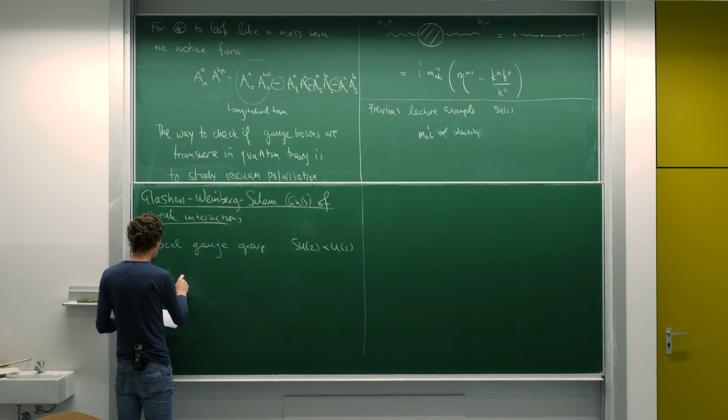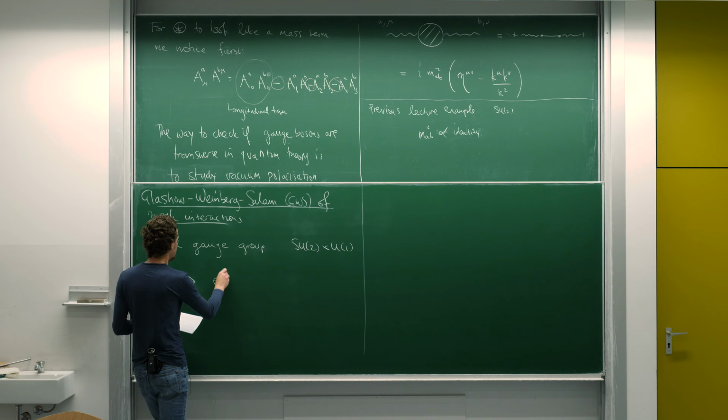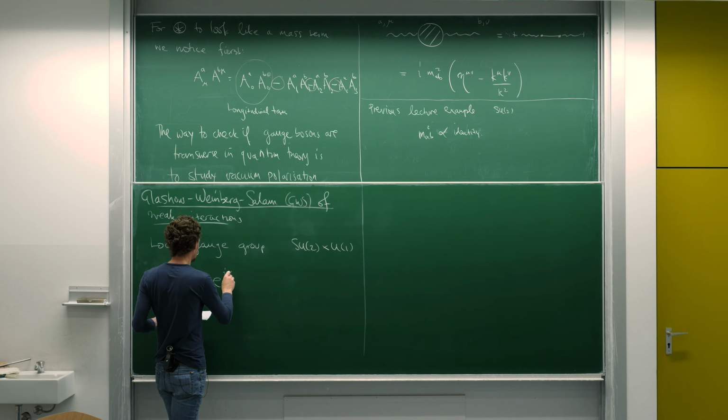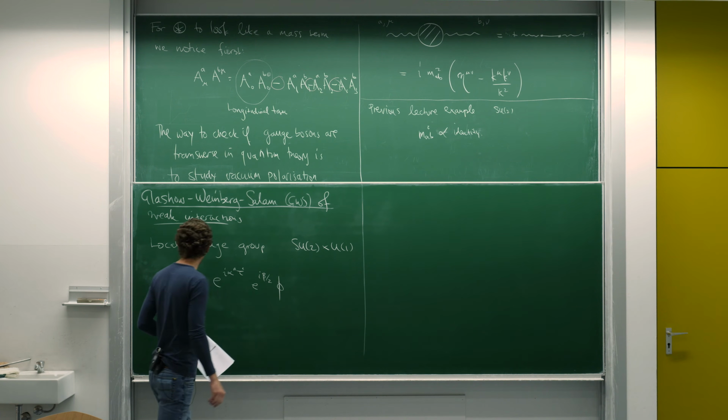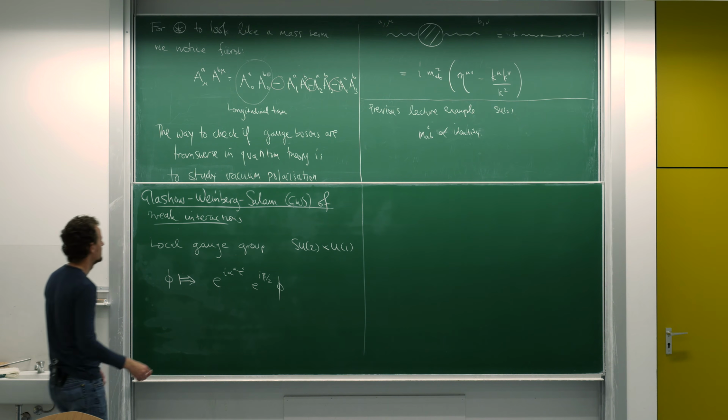Well, we have a doublet, and the way it acts on our boson field is according to this representation here.